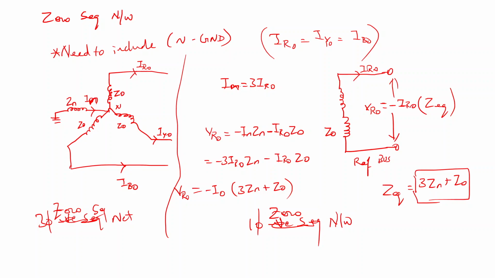So for the generator only, we have seen how the positive, negative and zero sequence networks can be drawn. So this is only one simple part of the entire network. So what is the next equipment I will go for? Transformer. Is a transformer static or rotating equipment?